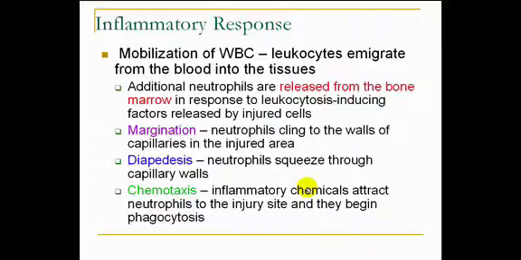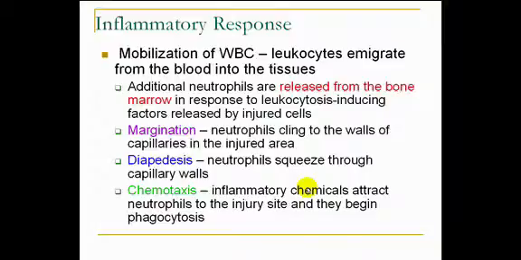Neutrophils, we talked about, are the first on the scene. When there's an infection, additional neutrophils are released from the bone marrow in response to chemicals released by injured cells. Cells get injured either physically or by pathogens, and those injured cells release what we call leukocytosis-inducing factors, and that causes your bone marrow to produce more neutrophils.